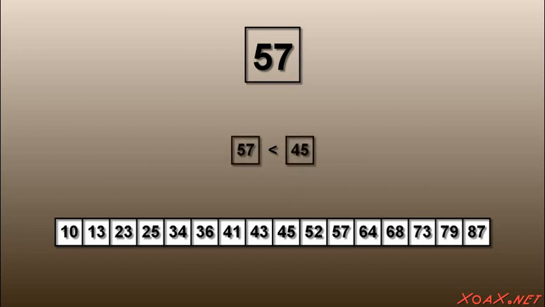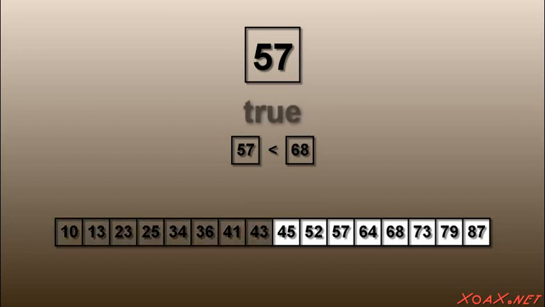To start, we compare 57 to the element just above the middle, 45. Since 57 is not less than 45, the comparison returns false, and we know that the value can only be in the last half of the array. Next, we compare 57 to 68 and see that it is less. Therefore, the value 57 can only be in the first half of the remaining entries.